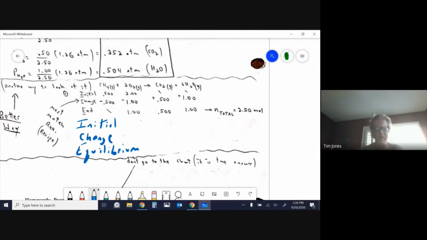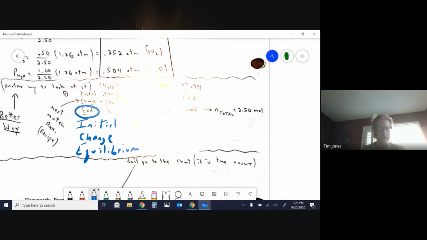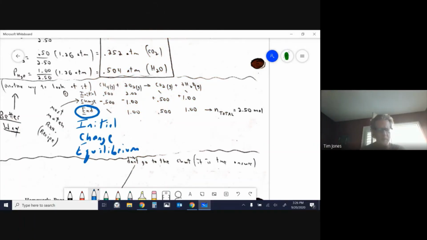Well, it turns out an ice chart can be used for more than just equilibrium problems. You can think of the E as standing for end. In other words, the end of the reaction. Because equilibrium is itself the end of the reaction. It's reached equilibrium and there's nothing else really significant to notice.